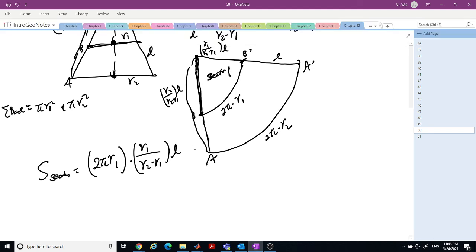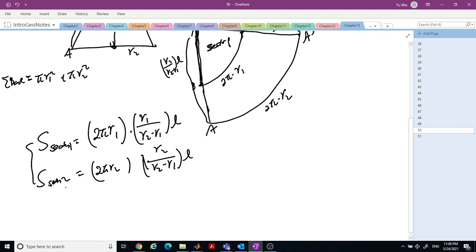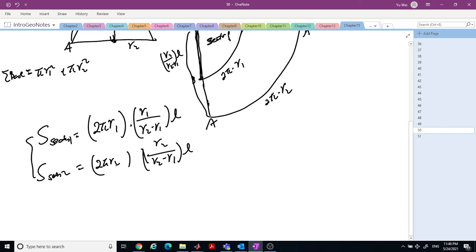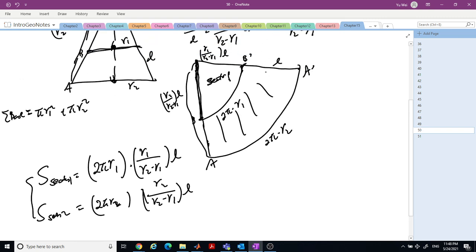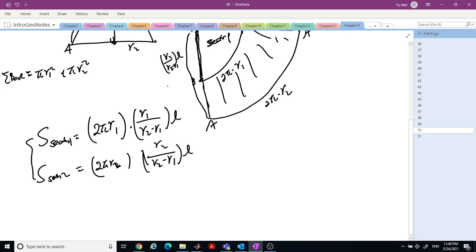Then we have the big sector 2, which is equal to 2 pi R2 times R2 over R2 minus R1 times L. We want to calculate the difference between the two. This is the side surface we really need.